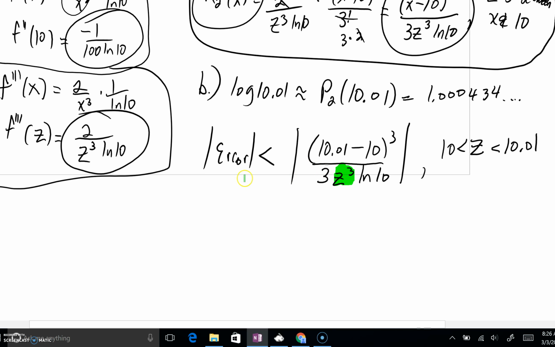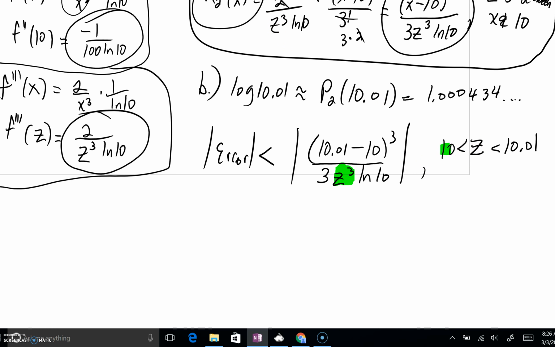So we don't know exactly what z is, but we do know that z is in this denominator down here. And we're trying to maximize the error. We're trying to do a worst case scenario. And when we can say that our error can't be any worse than this, we actually have an error bound. Because z is down below, this fraction is going to become biggest when this z value is smallest.